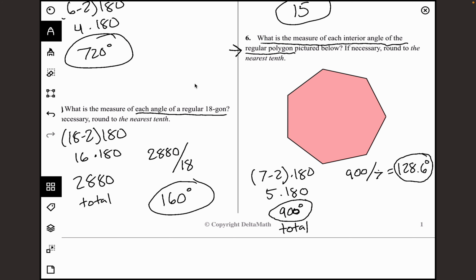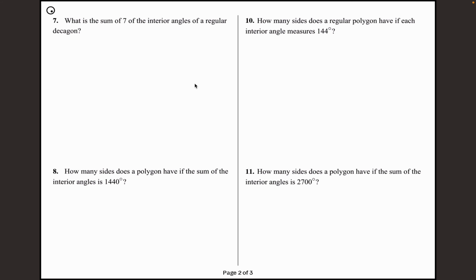Okay. Let's look at number 7. This says, what is the sum of 7 of the interior angles of a regular decagon? Now, we're going to be doing the same thing, but adding one extra step. How many sides does a decagon have? 10. So, I need to do 10 minus 2 times 180.